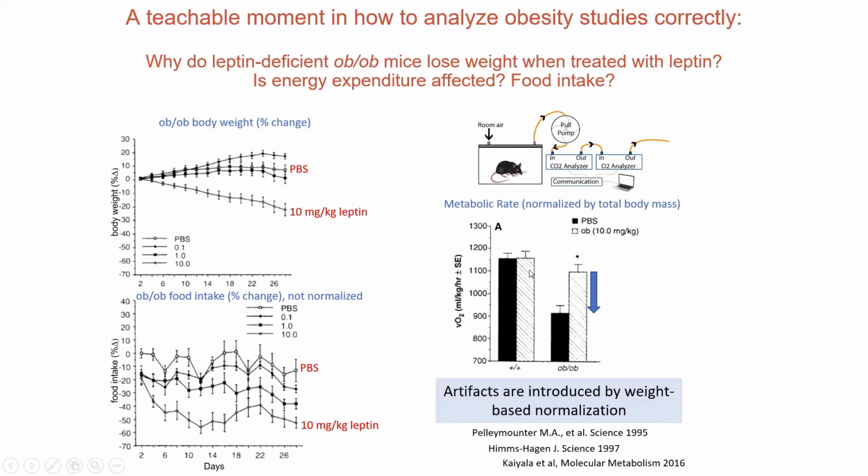They also put these mice into a metabolic chamber, and they measured their carbon dioxide production and oxygen consumption. And if you see the effect of wild-type mice treated with leptin, there's no difference in their metabolic rate. But here, they're dividing by the weight of the animal. So they take the mLs of oxygen consumed, divided by the mass of the animals.